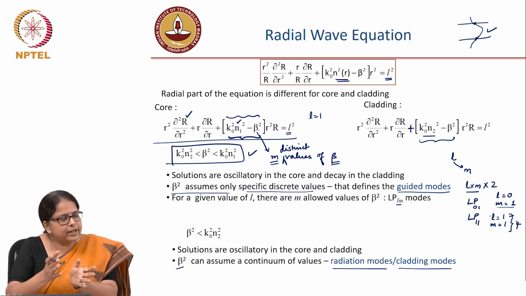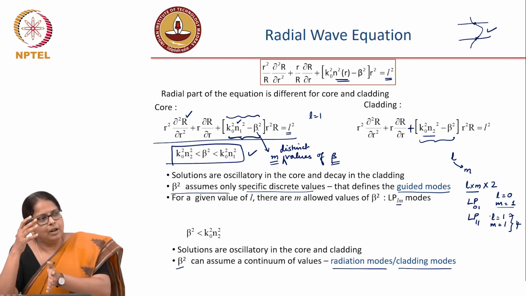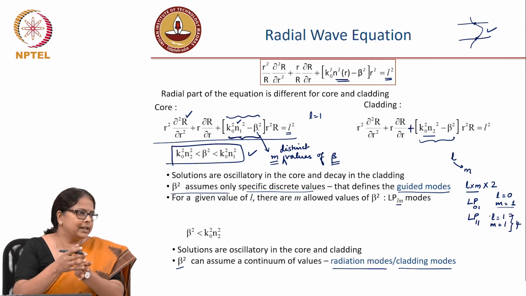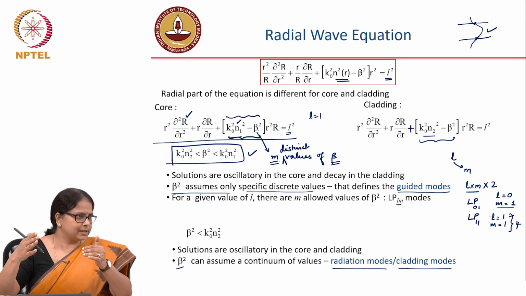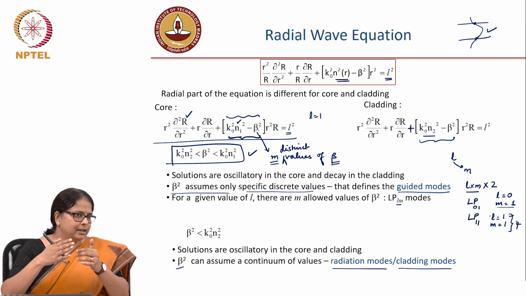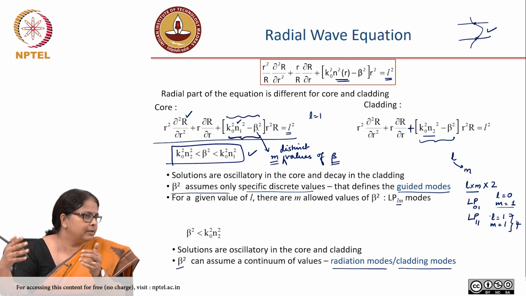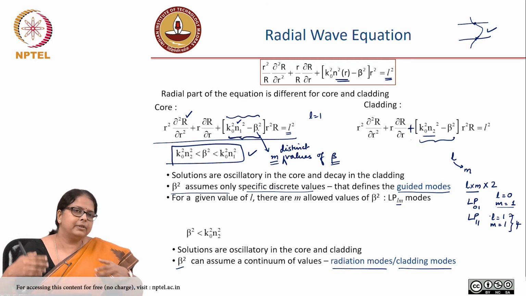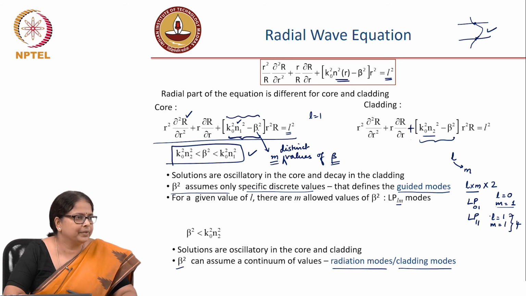So, there is no restriction for beta because there is no interference condition to be satisfied in the core. Remember the origin of modes, how did we understand? We said that there are multiple reflections, and between two successive reflections the wavefront, if it is a plane wavefront, should maintain the same phase, and we put some conditions there. But if the energy is available in the cladding, there are no such conditions to be put, which is why your beta can assume a continuum of values.